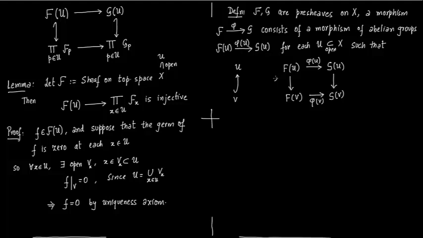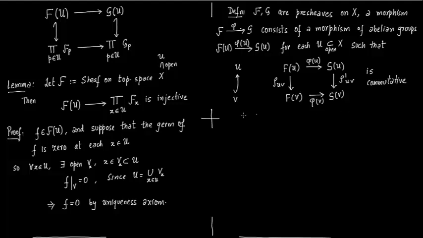There is a natural restriction map rho from U to V in the sheaf F and rho prime from U to V in the sheaf G. So this diagram commutes. rho and rho prime are just restriction maps in F and G respectively. So that is pretty much it.